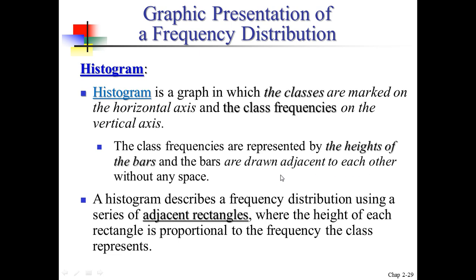Adjacent to each other, that means from one bar to the next bar there is no space. Maybe you still remember the 3 bar charts that we drew in the first movie: simple, cluster, and stacked bar chart.